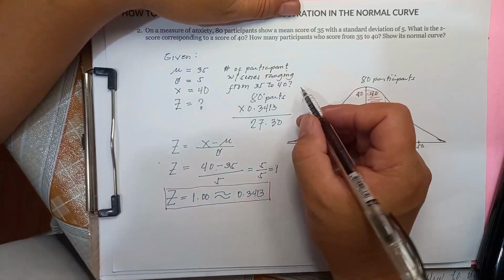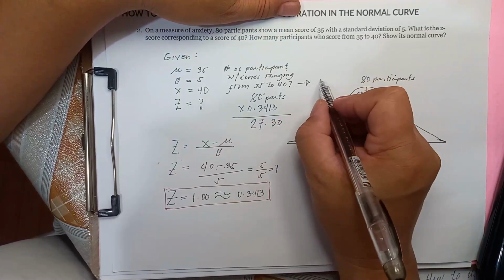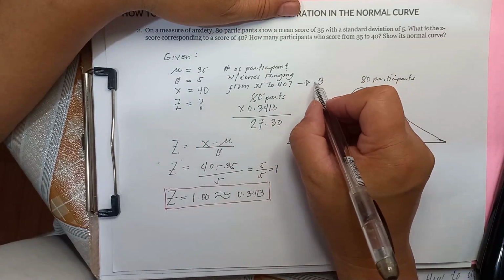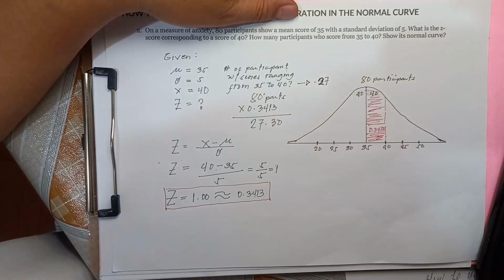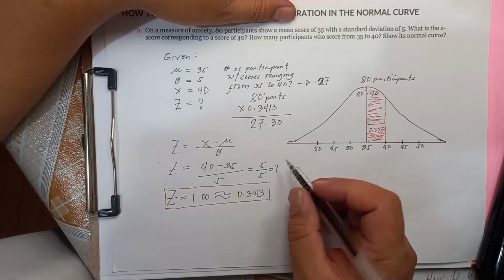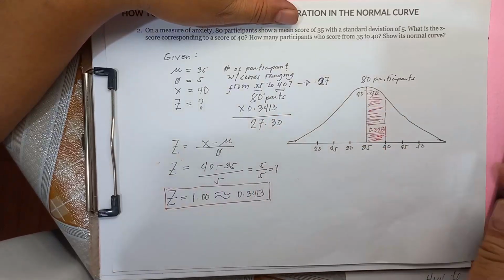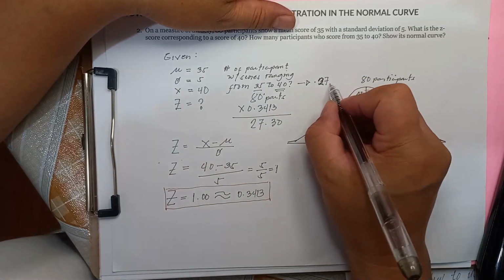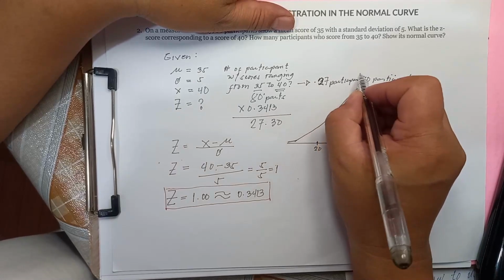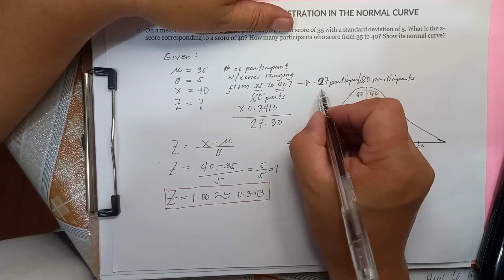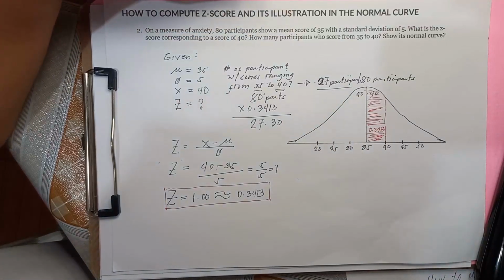To answer this, we say that there are 27 who scored from 35 to 40. So there are 27 participants. That is the answer to the question.